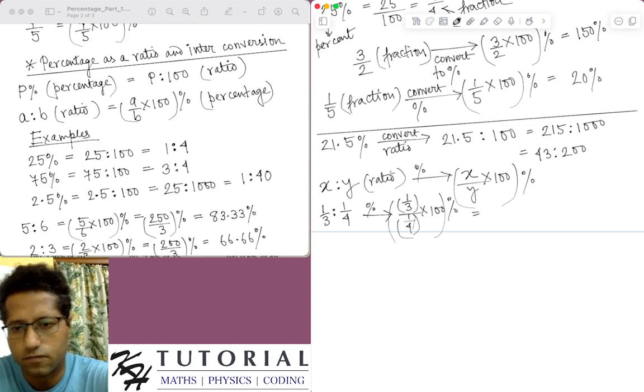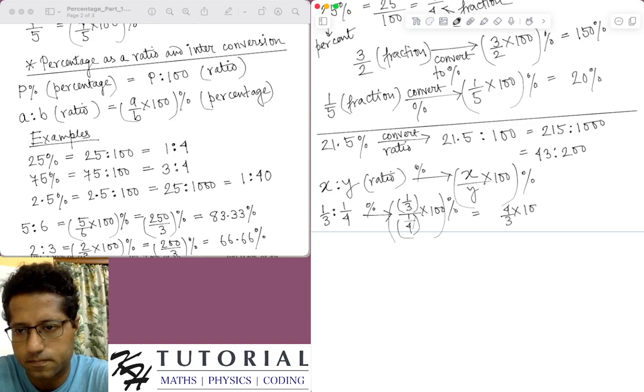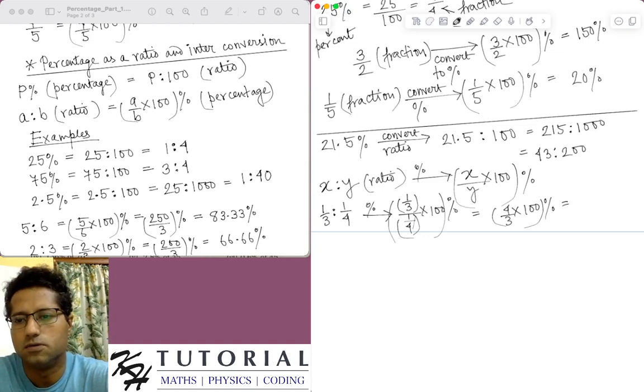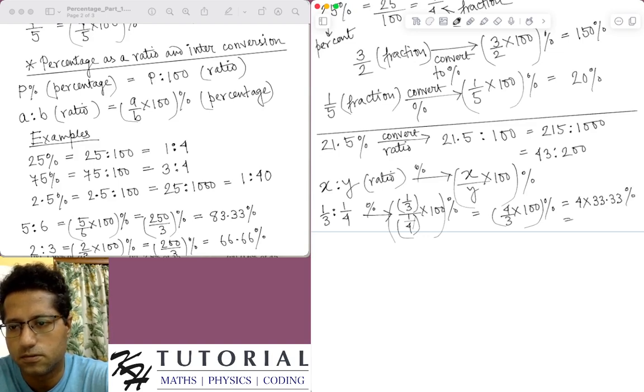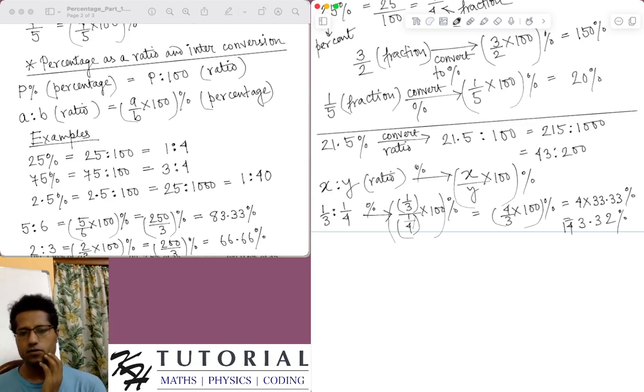This is equal to 4 by 3 into 100%, which is 133.33%.